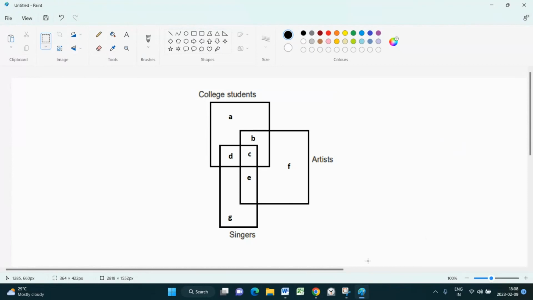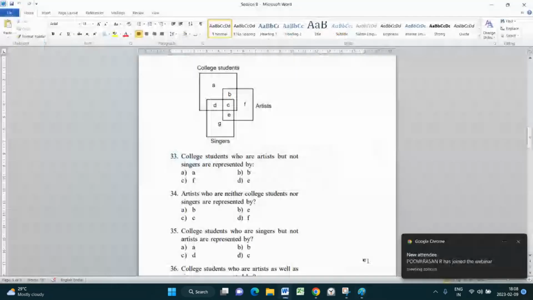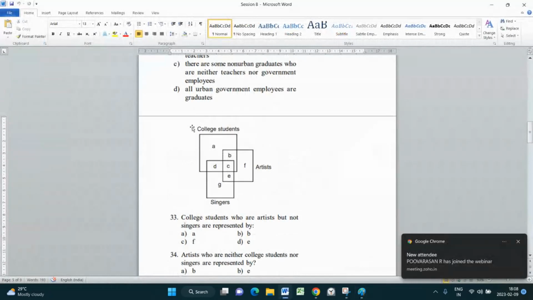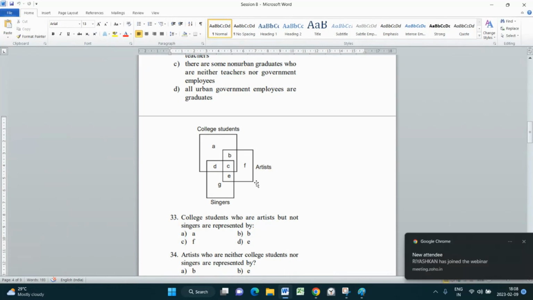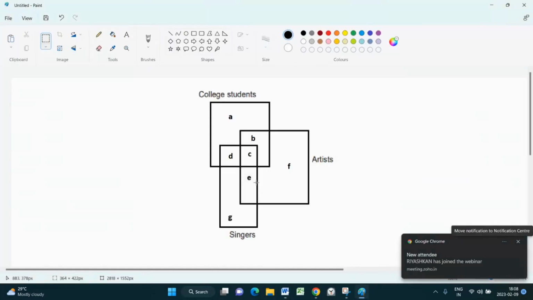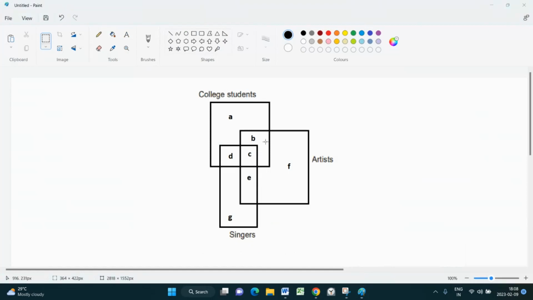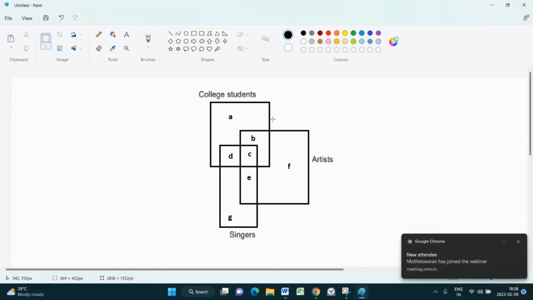Okay, fine. Now let me tell you, this is the problem I have taken. There are college students, artists, and singers. This problem I have exactly drawn here for my reference. I have made sure the same is replicated here.